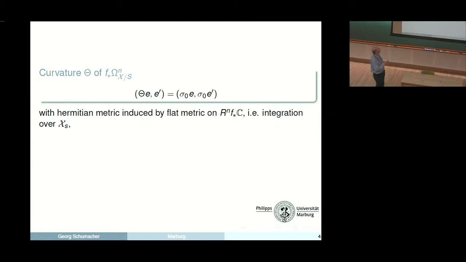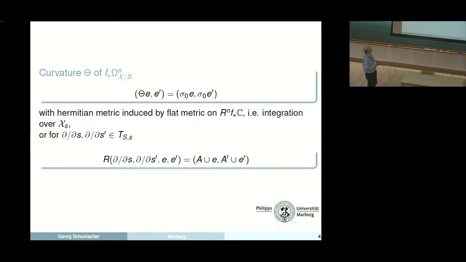In his notation, the curvature form applied to a section paired with another section is given in this way. And so everything is induced by a flat metric on a certain sheaf, but I don't want to speak on about Hodge theory.